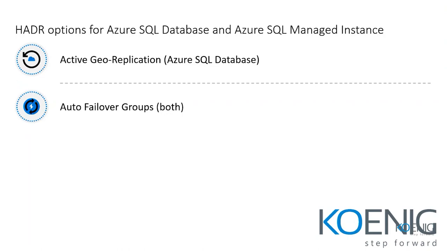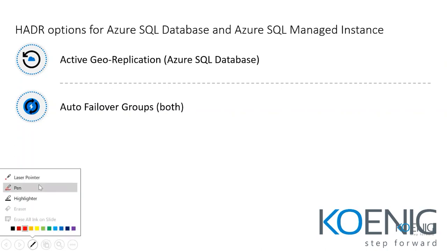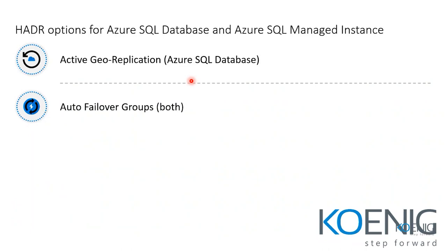Second, we discussed Azure SQL database as platform as a service. So we can create active geo replication. Active geo replication means the primary side is available for read and write. Secondary side is available for read only, kind of a read replica.